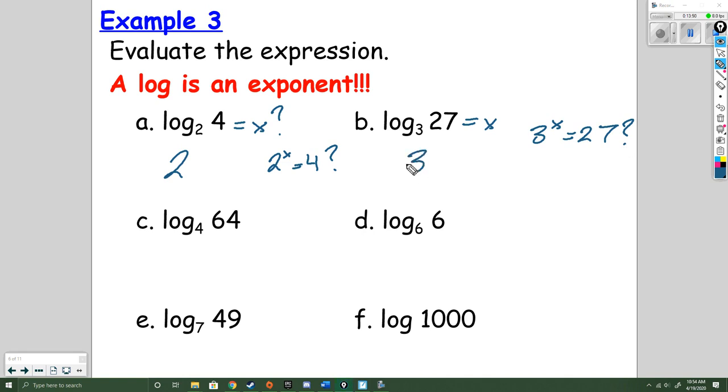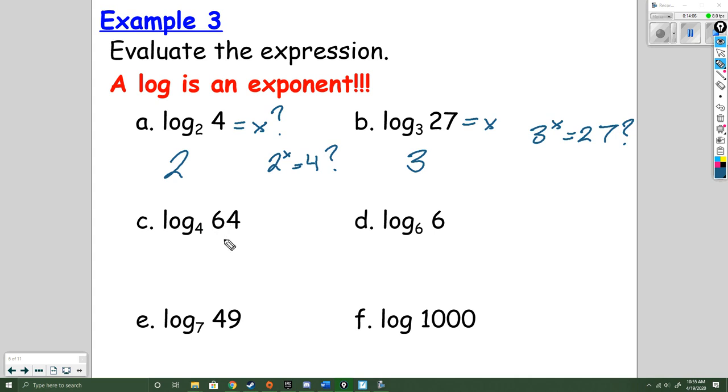We talked about that in the very first introductory slide. So 3 to the third power equals 27. Now maybe we don't need to write it anymore. 4 to what power equals 64?